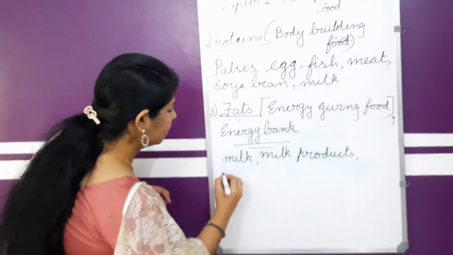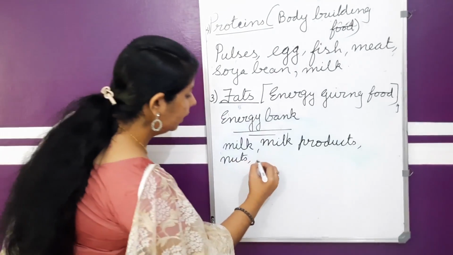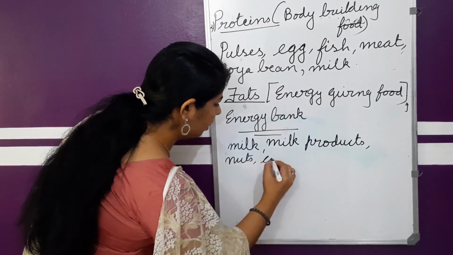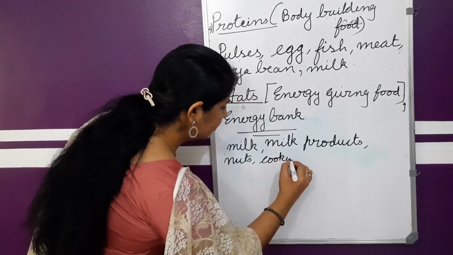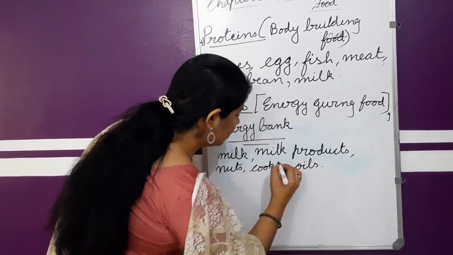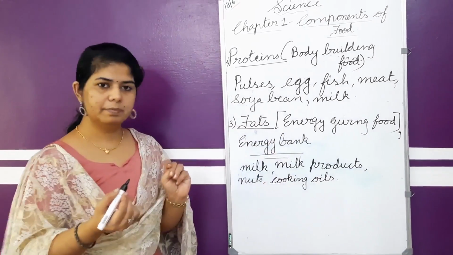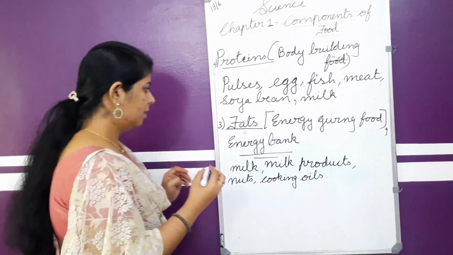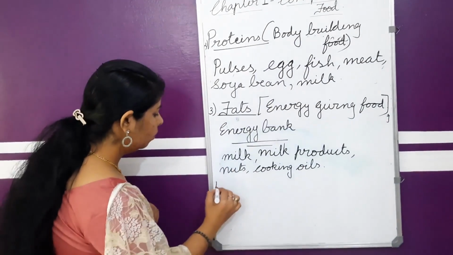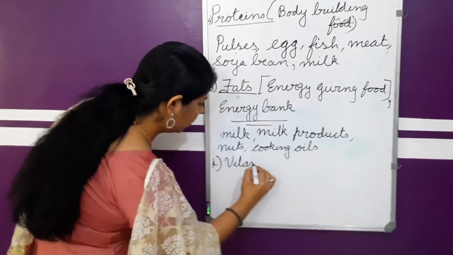Again, nuts: cashew nut, almond, pista. Then all the cooking oils. All these are rich in fats. Okay? And again, the next one, vitamins.